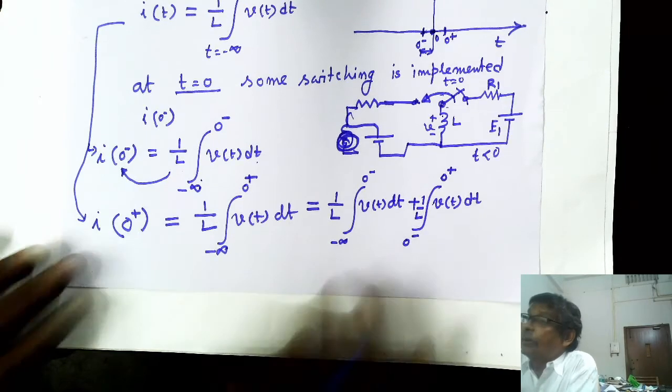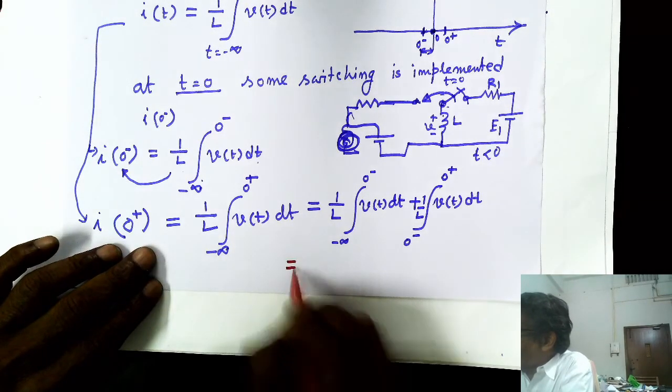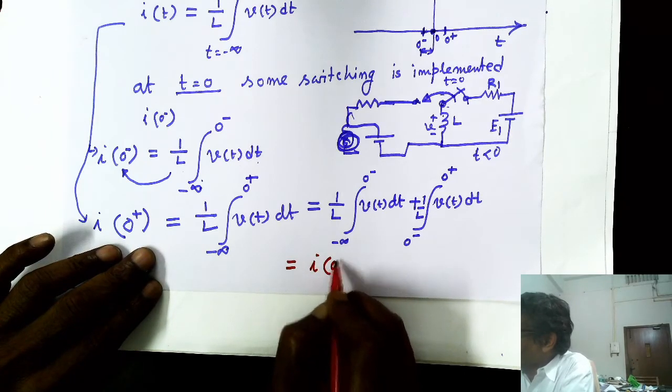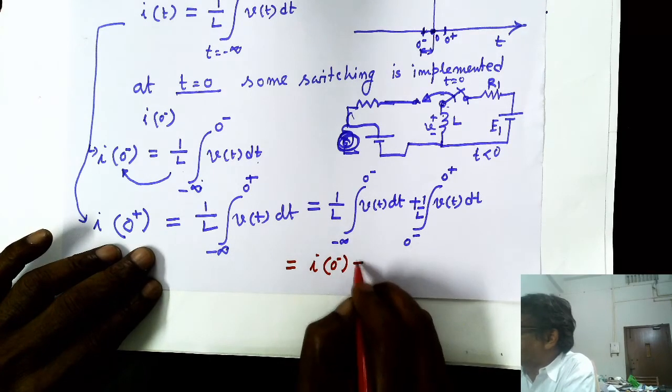Now, this first piece, I know it is nothing but i(0 minus) plus this integration.